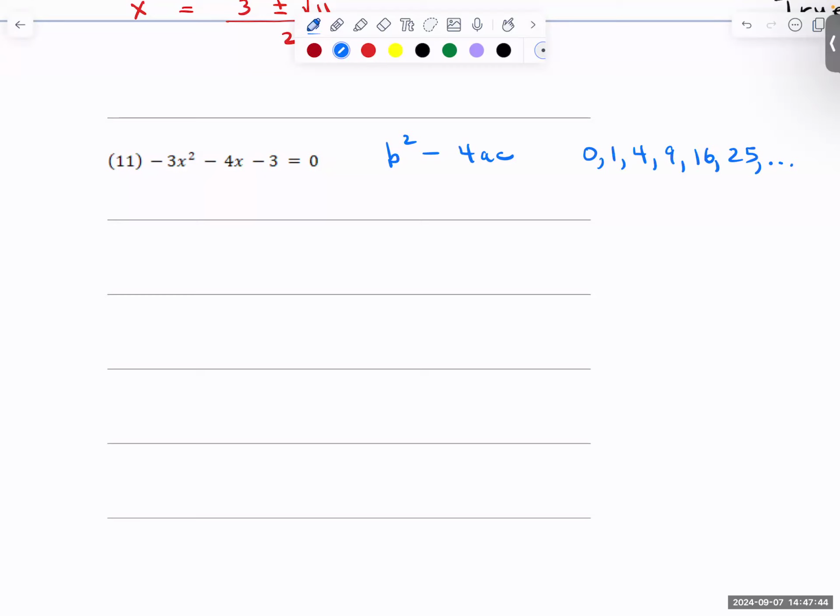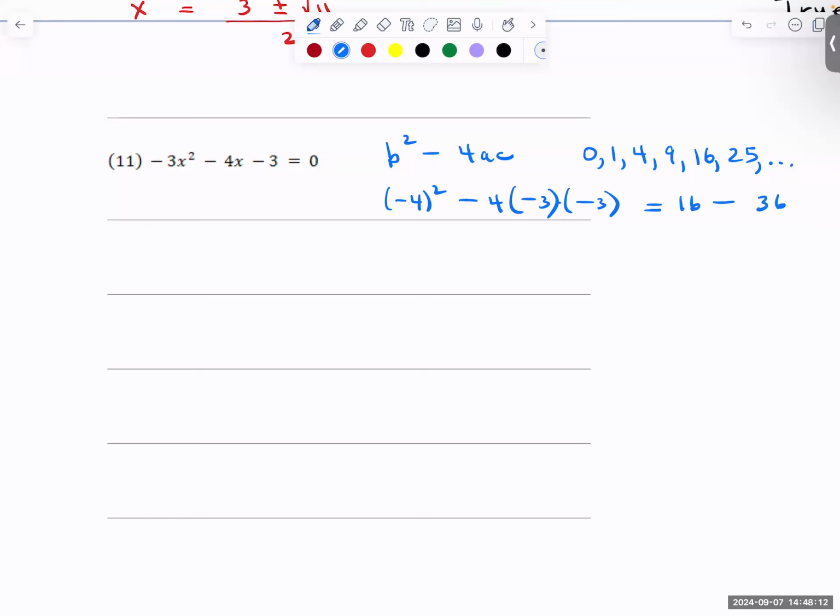So b is negative 4 squared minus 4 times a times c. That's 16 minus a positive product is going to be minus. We can go 4 times 3 is 12. 12 times 3 is 36.